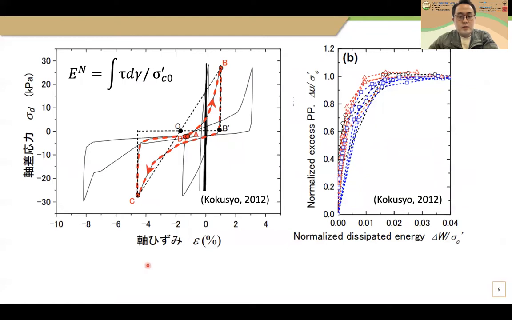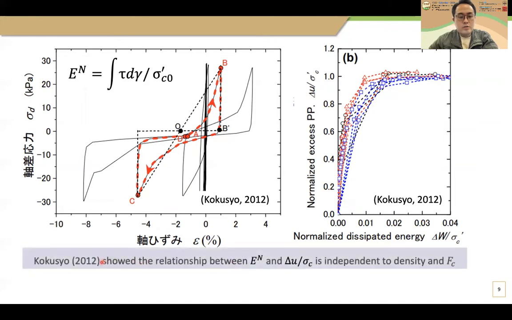So this is the schematic illustration based on Kokusho 2012. Many previous studies were conducted in terms of the dissipated energy. Dissipated energy is defined as the surrounding area of the stress strain curve in the EQ diagram.